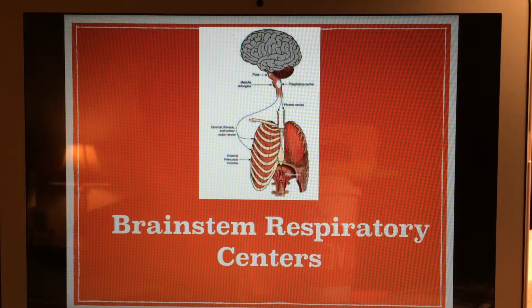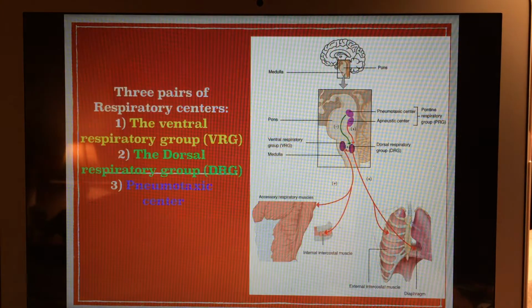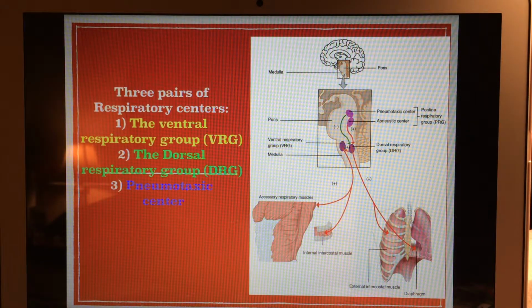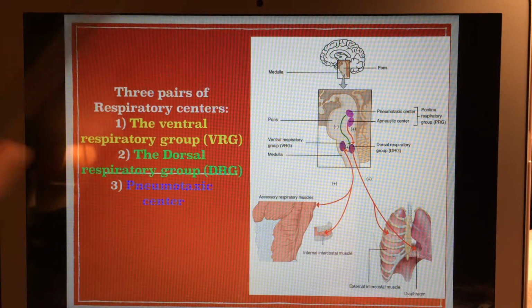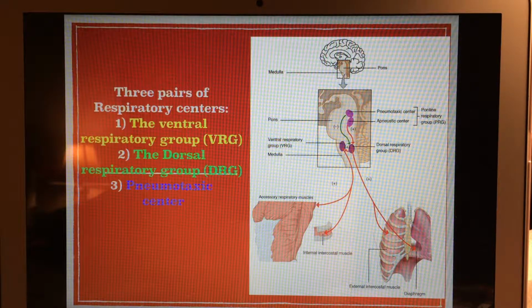The medullary rhythmic center is found in the medulla oblongata and has two groups, the ventral respiratory group and the dorsal respiratory group. We're going to talk about the ventral first. The ventral respiratory group, right here as you can see, is the primary generator of respiratory rhythm.